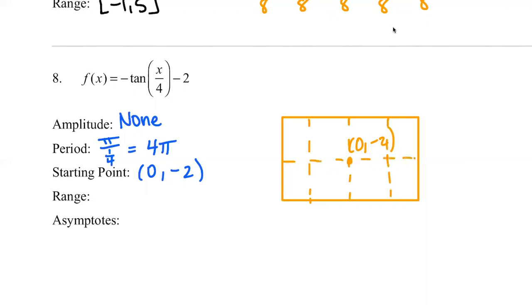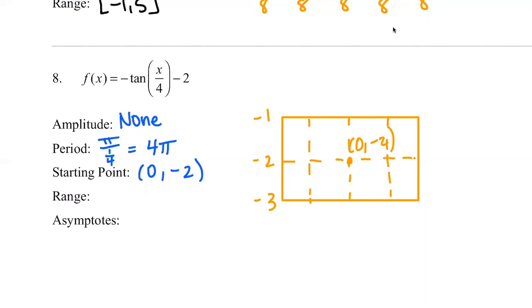Okay, so if 0, -2 is our starting point, we're going to use A and go up 1 and down 1, so we at least know where those points will be for our curve.